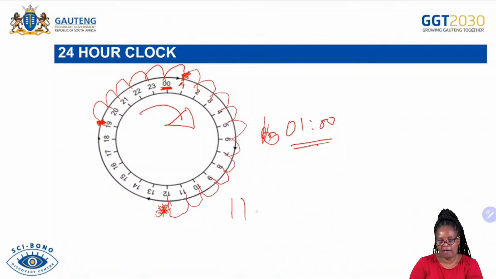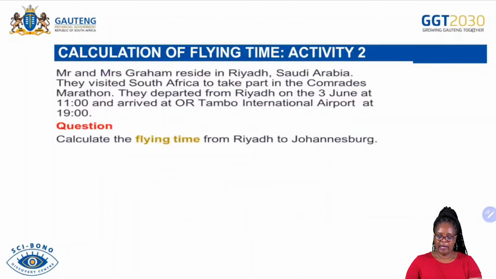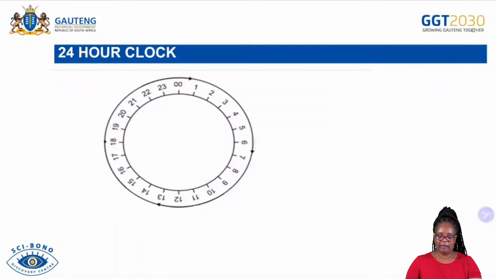So there are 11 hours between 0100 and 1200. It means our flight took 11 hours to move from one place to another.